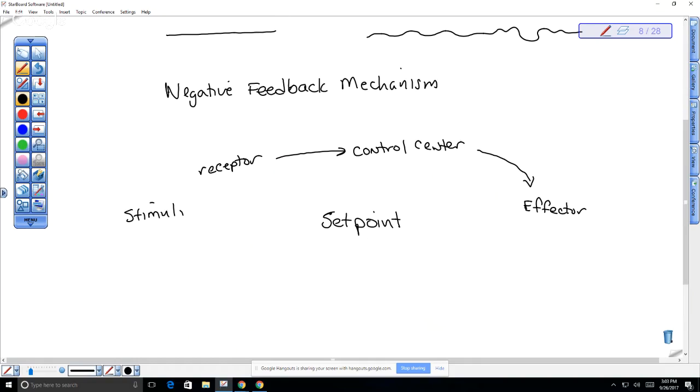The effector then has a response that decreases the stimulus, and it goes back to the stimulus.